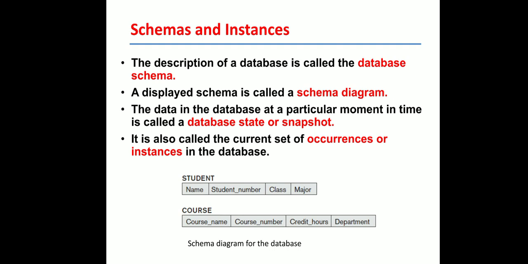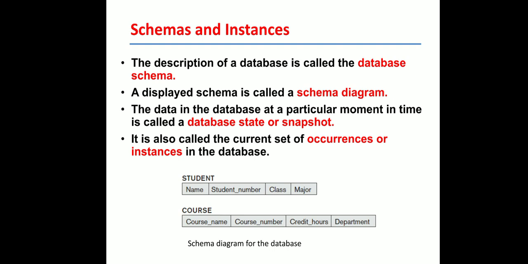For the second entity, course, we have attributes like course name, course number, credit hours and department. When I assign the data types for name, student number, class and major along with some constraints, the description of this entity becomes a database schema.